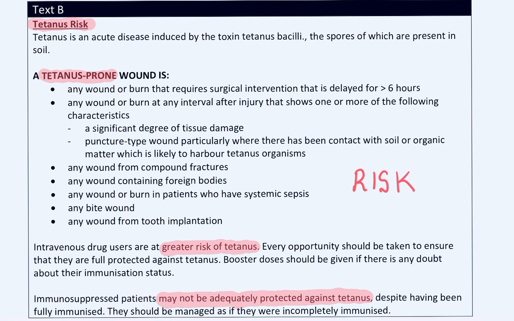Immunosuppressed patients may not be adequately protected against tetanus despite having been fully immunized. Okay, they should be, and so on. The question states about a patient who is dot dot dot. So we are looking for a condition. Okay, so immunosuppressed should be the answer.